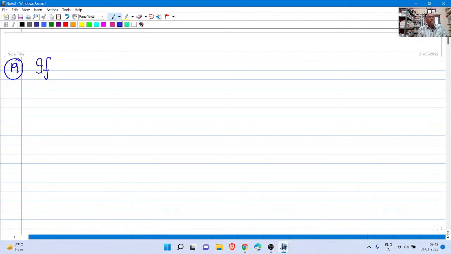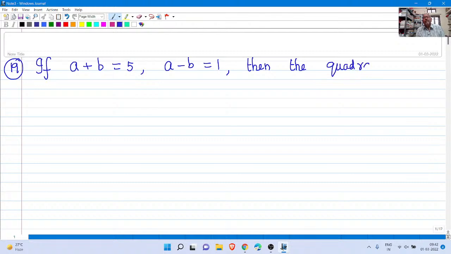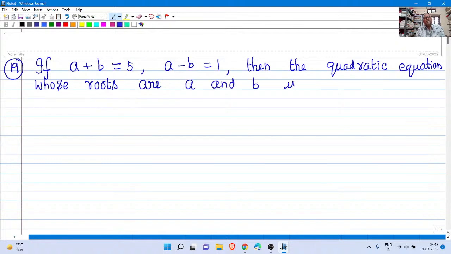If a plus b equals 5, a minus b equals 1. These two are the linear equations in a and b. Then the quadratic equation whose roots are a and b is, this is the question.